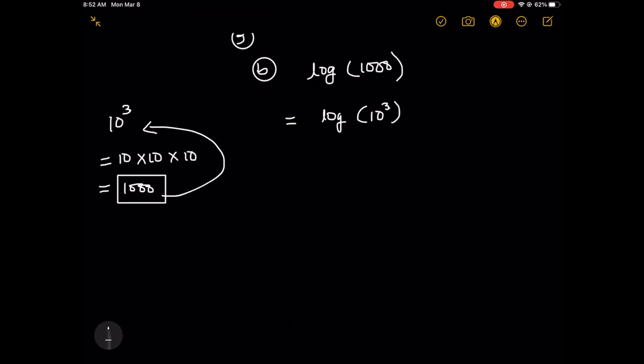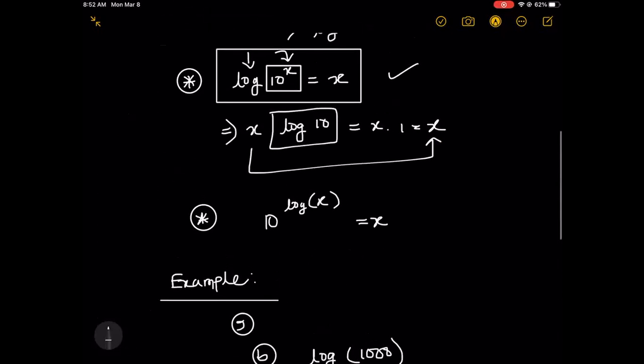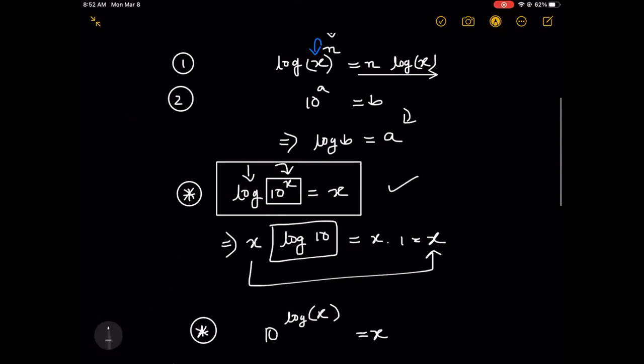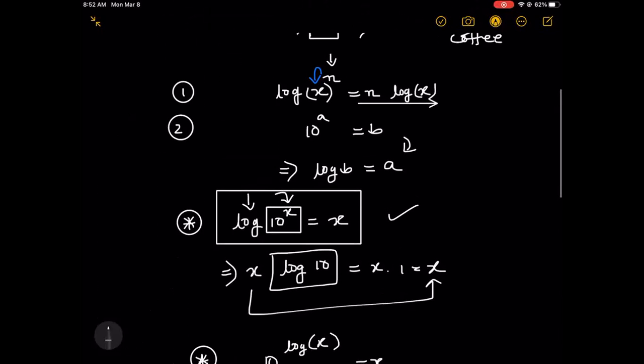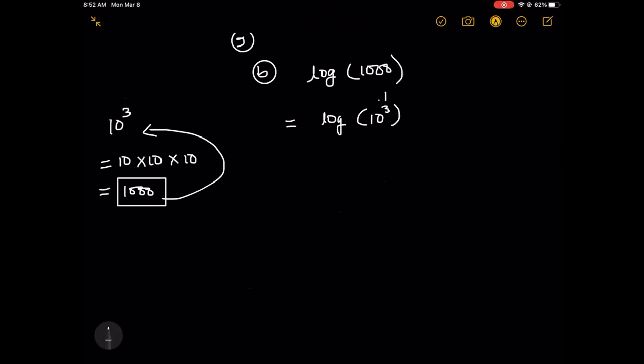Now, let's eyeball the properties we have and see which one we can use to simplify it. So you can see we can use property 1, right? Because we can see an exponent here. Can you see that?